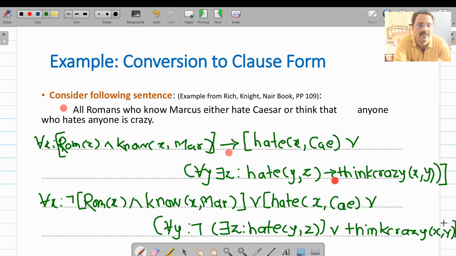Complete the parenthesis. So that is how your statement will look after applying step number 1.